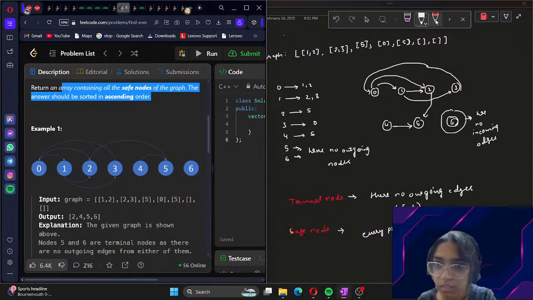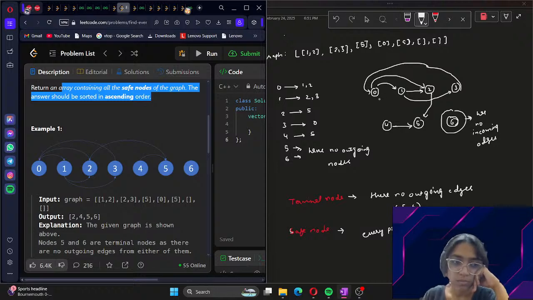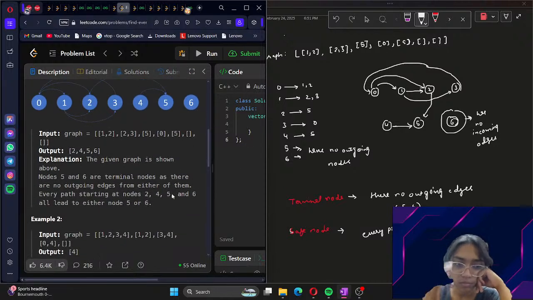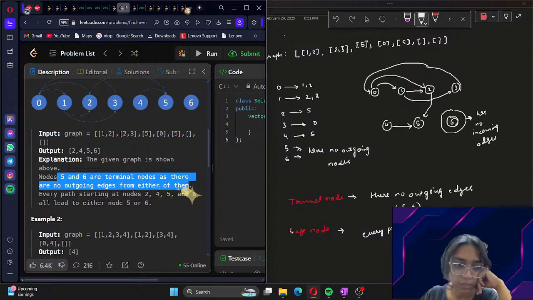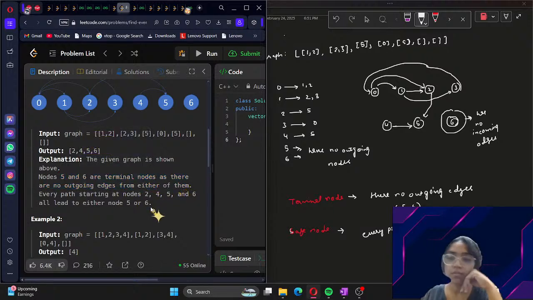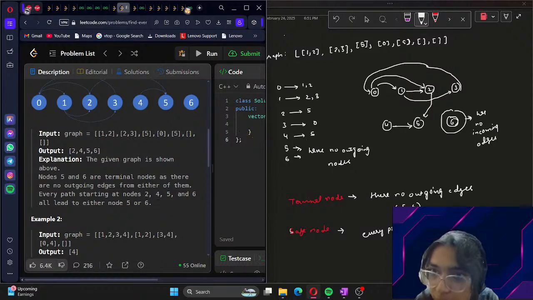Okay, if we take this example, as we discussed, nodes 5 and 6 are terminal nodes and there are no outgoing edges from either of them. And now let us take paths.